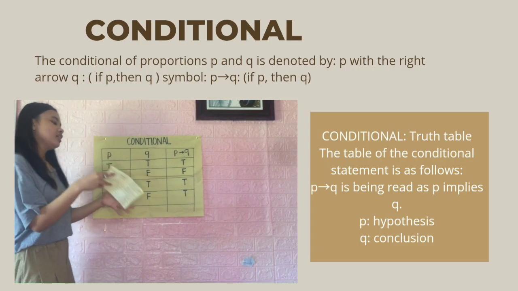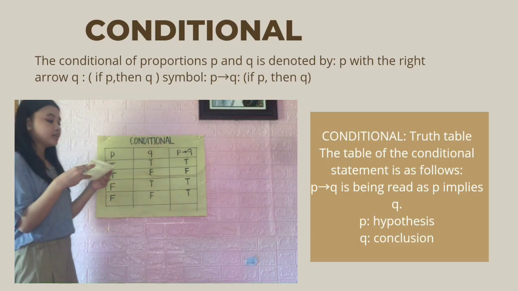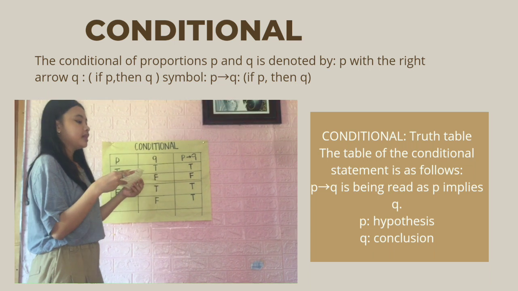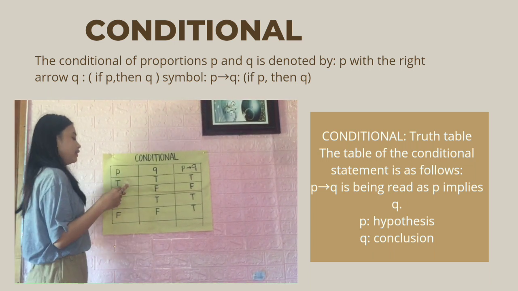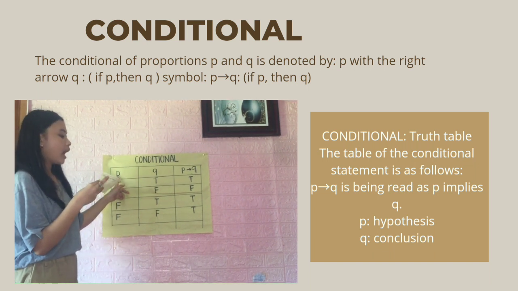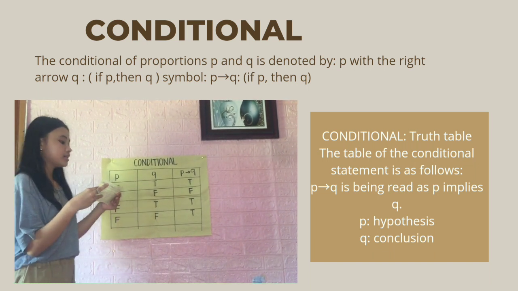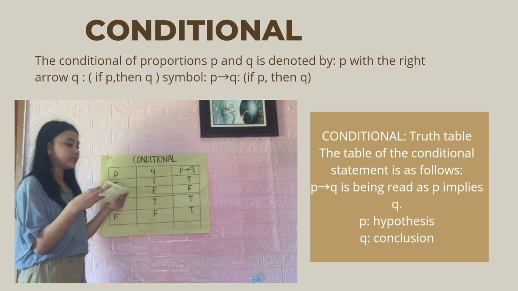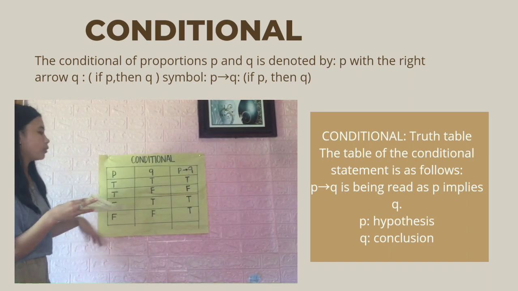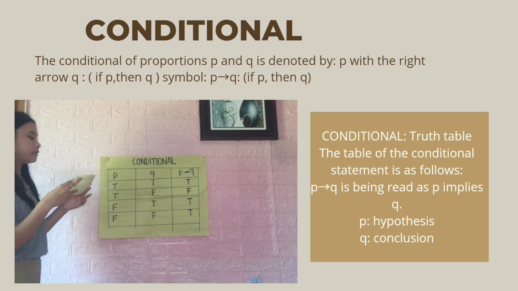Conditional. The conditional proposition of P and Q is denoted by P with the right arrow Q. If P then Q, symbol P implies Q, if P then Q. So we have here the truth table.